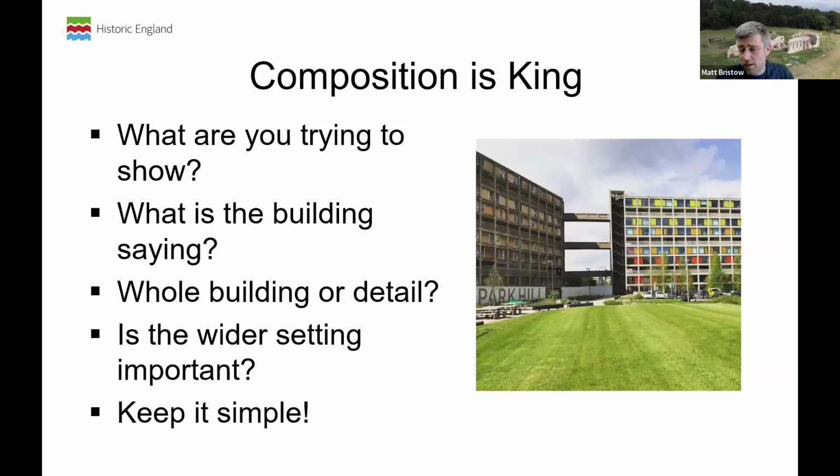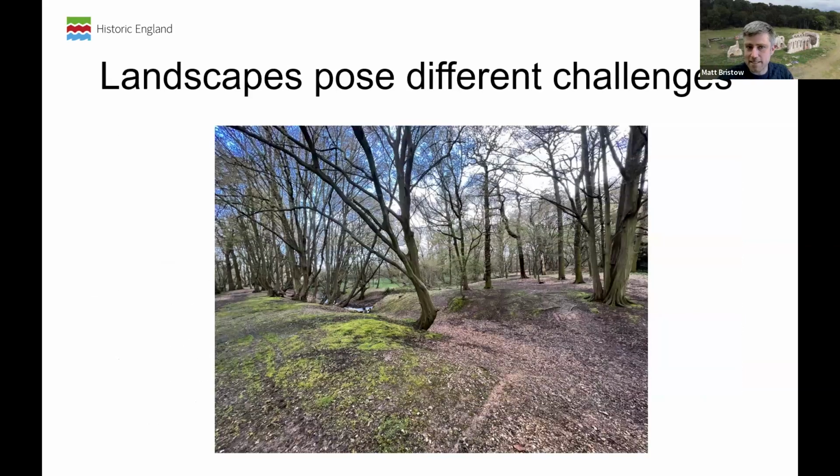And similarly here, the Park Hill Estate in Sheffield, the largest listed building in Europe, showing the juxtaposition between the completed phase 1, where Urban Splash regenerated the flats, and the areas yet to be regenerated to the left. So you can do lots with the composition, but it really is everything.